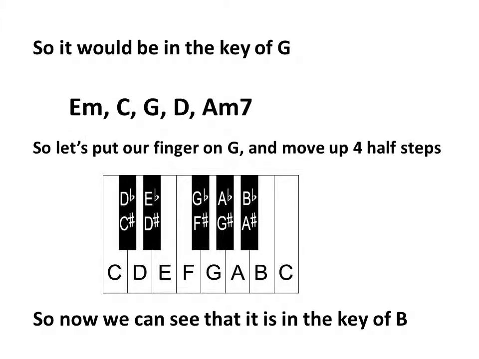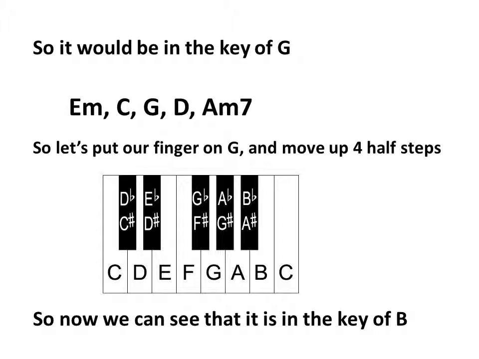So let's put our finger on G, and we're going to move up 4 half steps because that's the capo number. And we're moving in half steps because each fret is a half step. So we put our finger on G, and we go up 4 half steps. 1, 2, 3, 4.